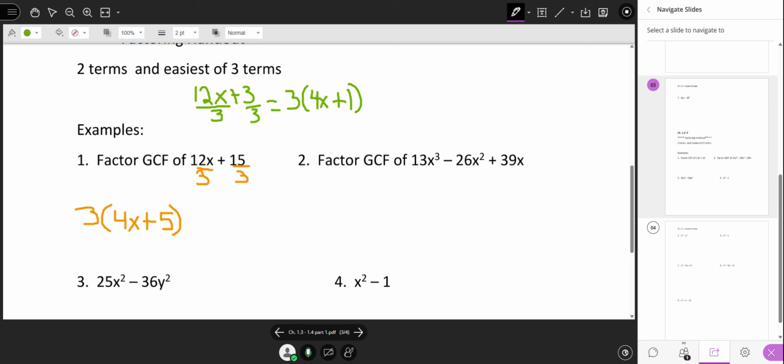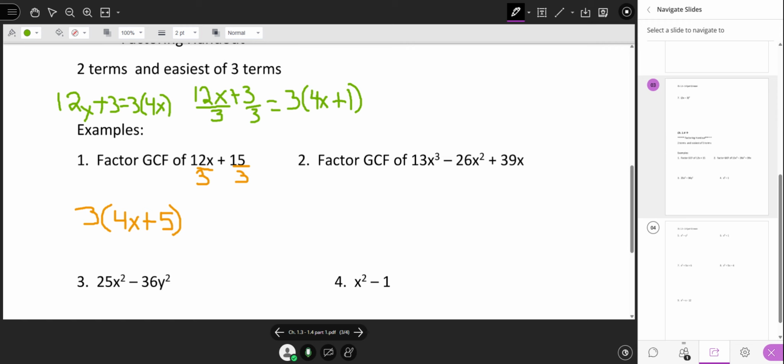But if I would have just gone from 12x plus 3 into 3 parentheses, a lot of times what I get is 4x.